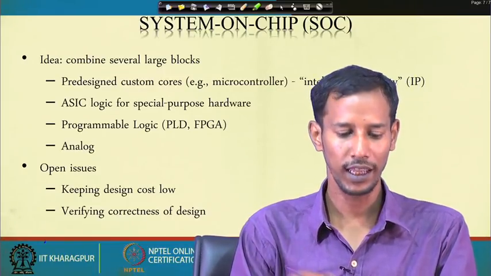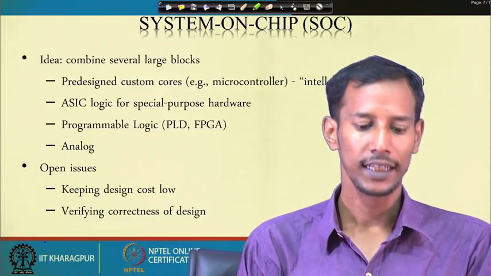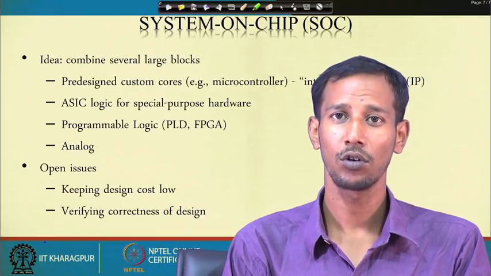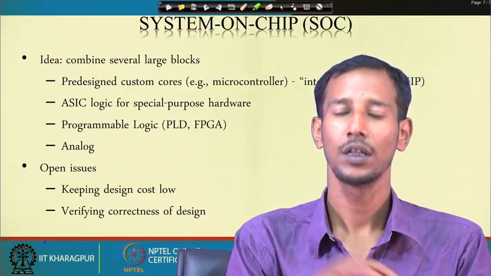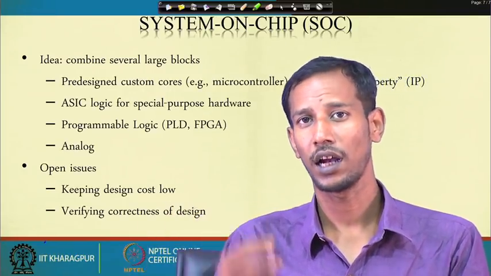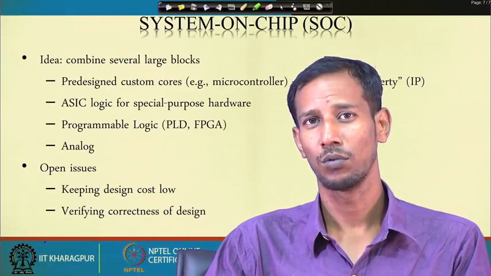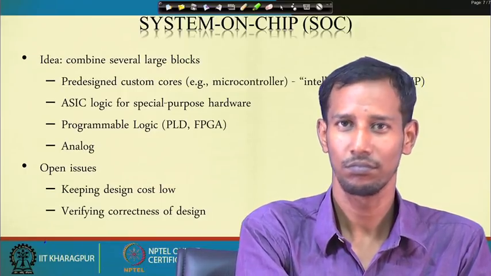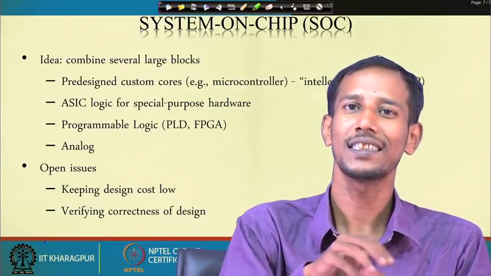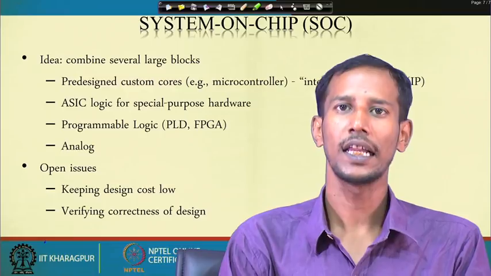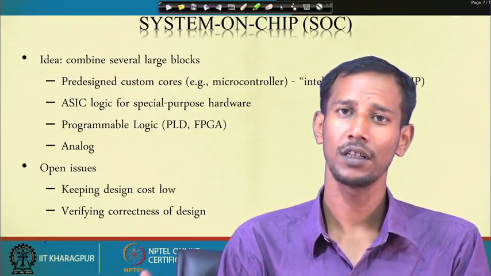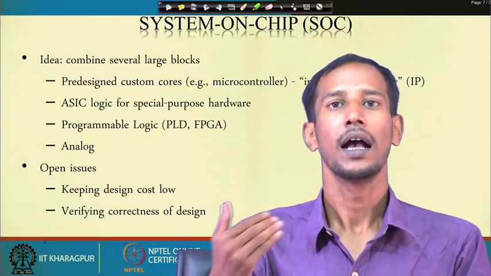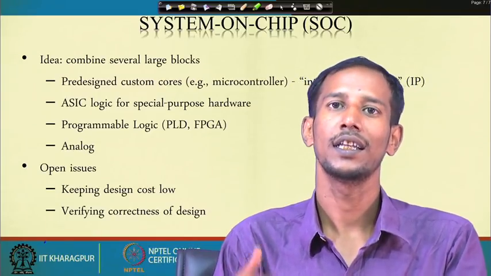Here you see pre-designed custom cores, that is, the microcontrollers, the controllers for the camera, the hardware for Wi-Fi, or the hardware for 4G VoLTE support. I just collect all these from third party vendors, or I build a particular block previously and use it in my system.